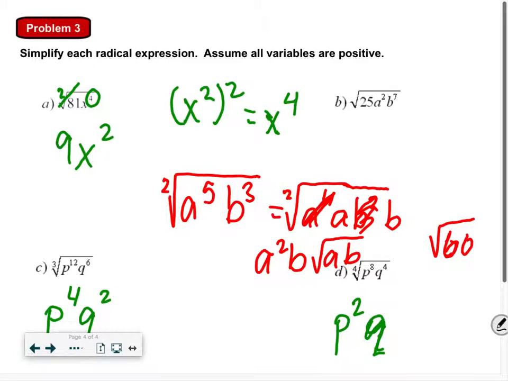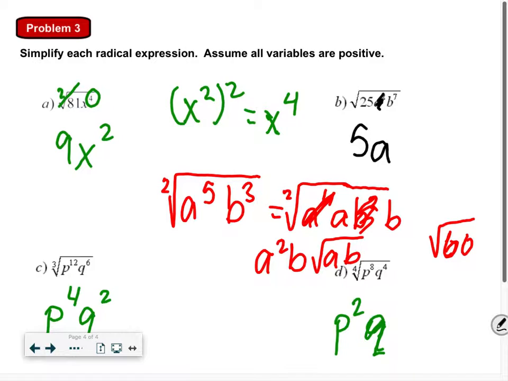Okay, so let's go back up to my number portion, square root of 25? 5. Can I pull a out? Yes. Can I pull all of a out? Yeah. What am I left with? Just a, because all of a squared goes out. Does 7 go in nicely? No, so what do I pull out? b to the 3rd.